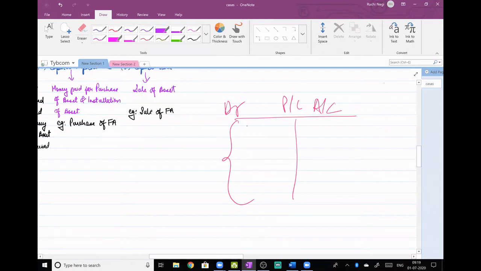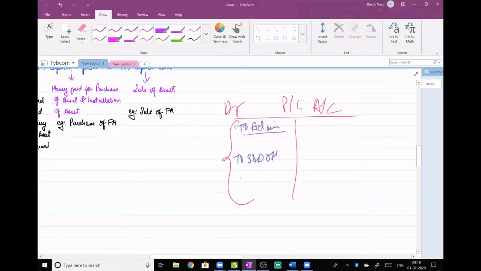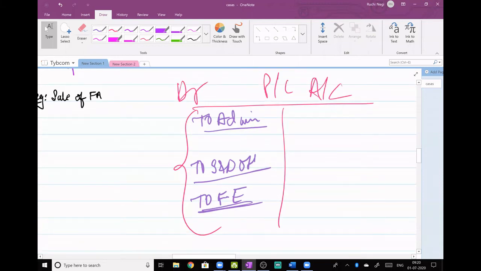First, admin expenses, which are admin overheads in the cost sheet. Then selling and distribution expenses, which are selling and distribution overheads in the cost sheet. And the third category is financial expenses. So the P&L account debit side is divided into 3 parts: admin, selling and distribution, and financial expenses. Financial expenses are known as non-cost items in the cost sheet.